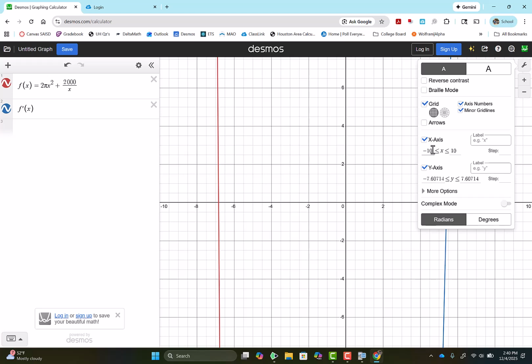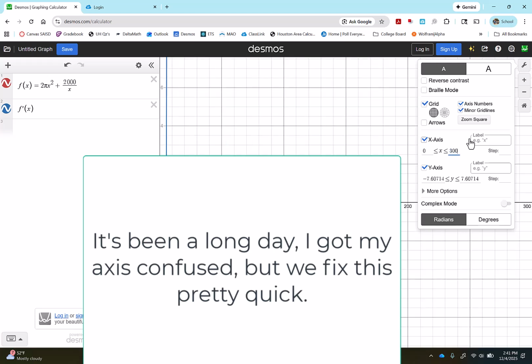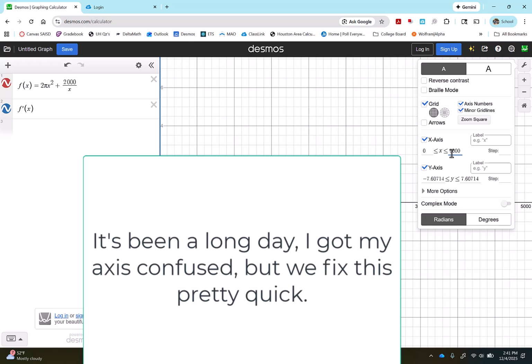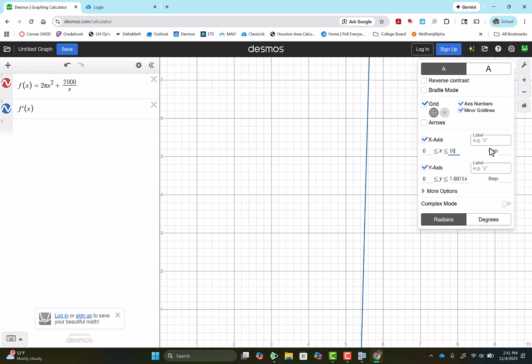So let's see. I'm going to go 0 to, let's try 3,000 first. Nope, it needs 5,000. Okay, I need to mess with my x. Oh, okay, I got the x and y confused. 0 to 10, and 0 to 5,000.